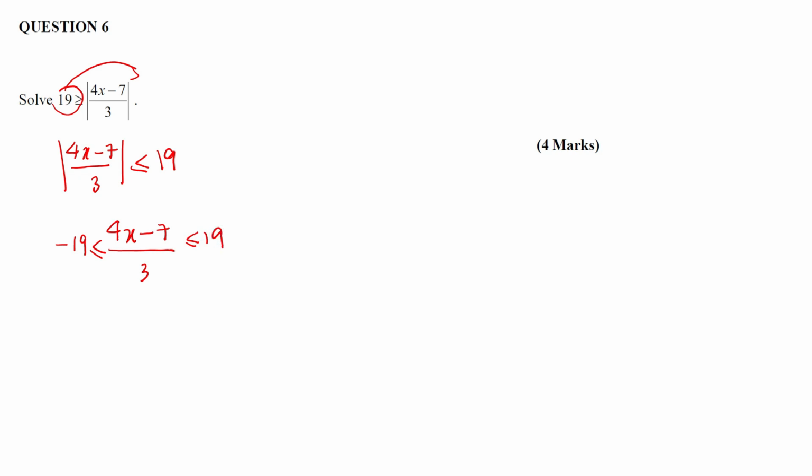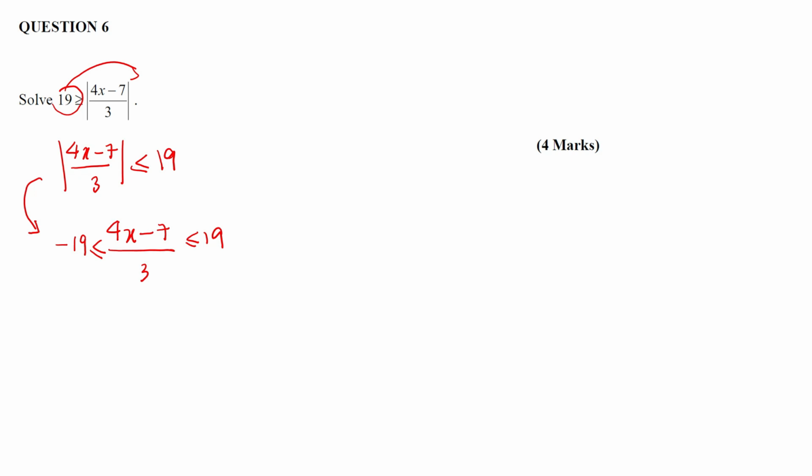Alright, so for this step, you need to remember how to break the absolute value. If the sign of the inequality is less than, we are breaking into one big interval. If it is more than, we are breaking into two cases. So please refer to this slide.